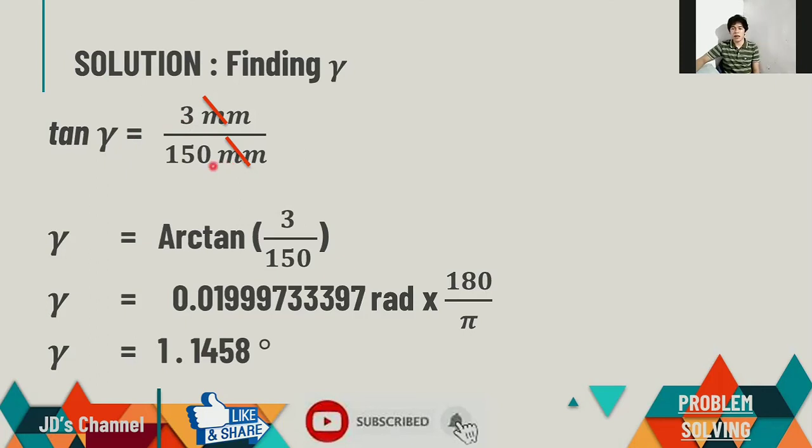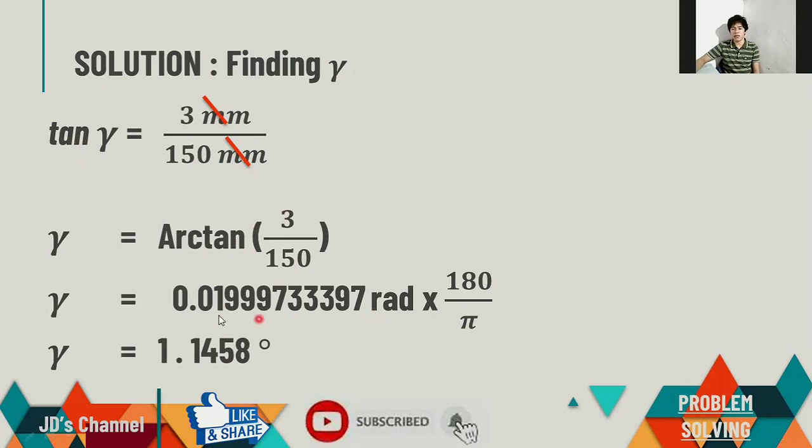And then, class, to eliminate the tan here, we apply tan inverse or arctan. Ayan, so now we will have this gamma is equals to arctan 3 over 150. So na-cancel na natin yung ating unit, which is mm. And then we will get this one, class.